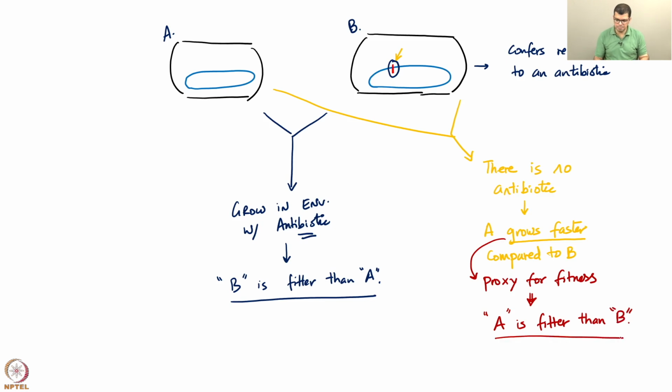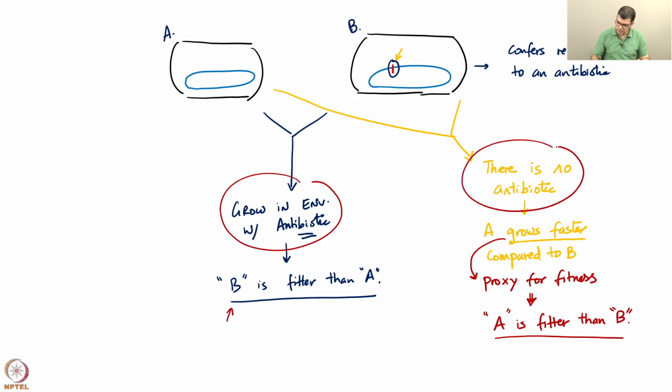So, using this example we have seen how in one environment individual B is fitter, but if we change the environment individual A becomes the fitter one. If we look at this discussion in the context of this particular mutation, what we are saying is that in this particular environment which contained antibiotic, this mutation is beneficial.